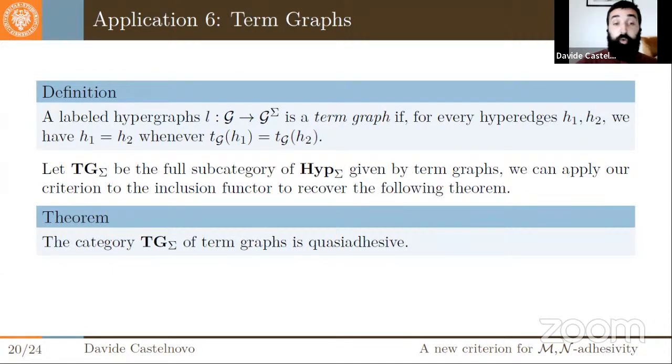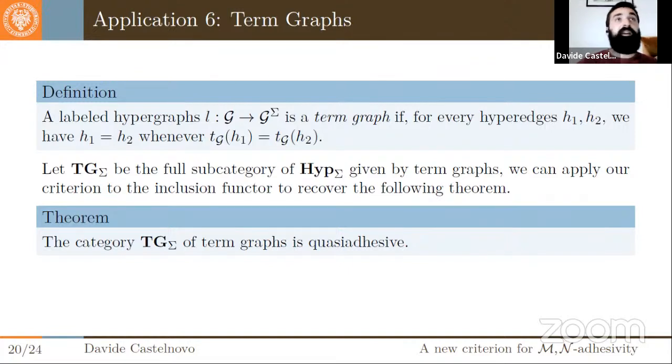So we have a full subcategory of labeled hypergraphs given by term graphs, and we can apply our criterion to the inclusion functor, just as in the case of simple graphs. And we can recover the following theorem. The category of term graphs is quasi-adhesive, because we were able to characterize regular monos in this category of term graphs.